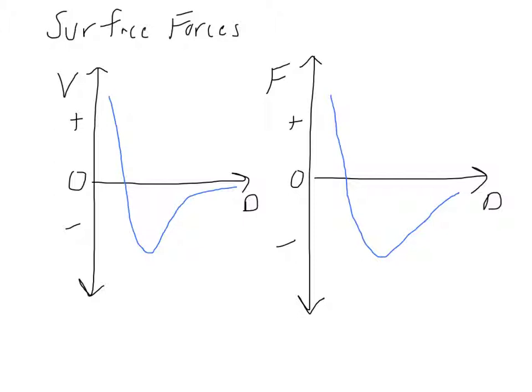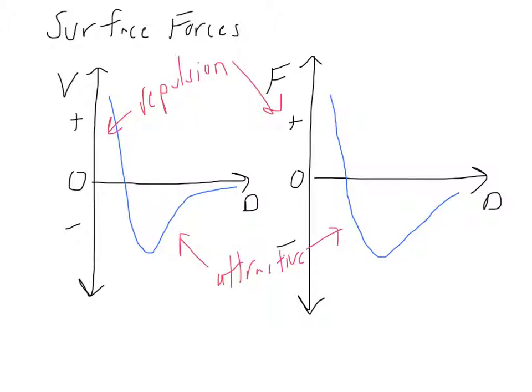Initially, on the positive side of both of these, you have repulsion. It seems counterintuitive, but we define things above zero as repulsive, and things that are negative as attractive.